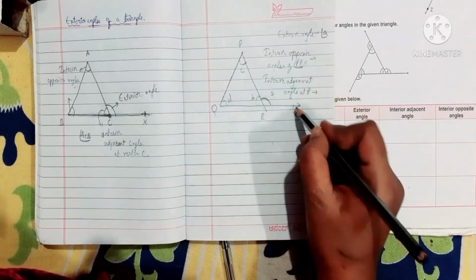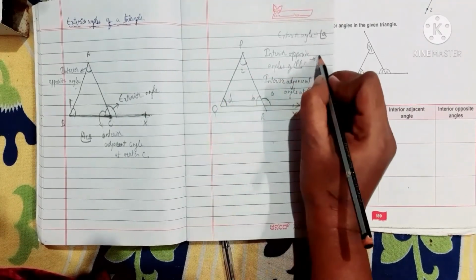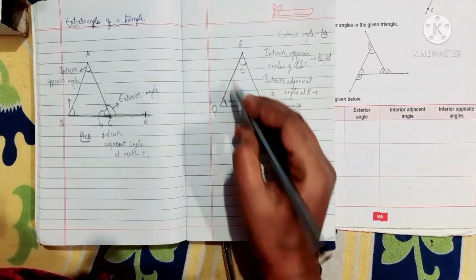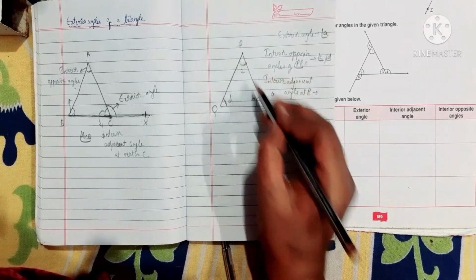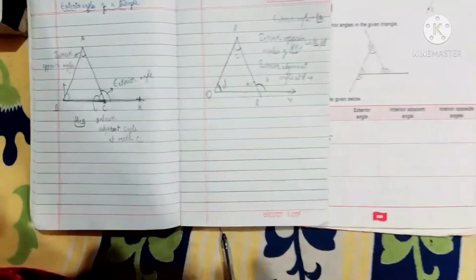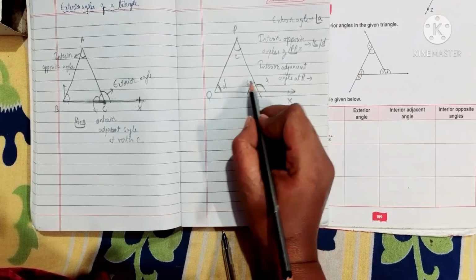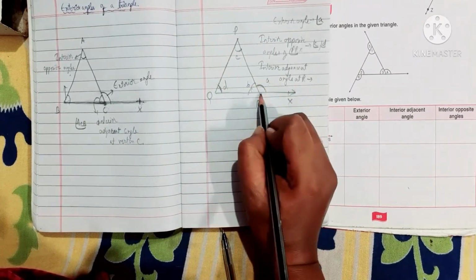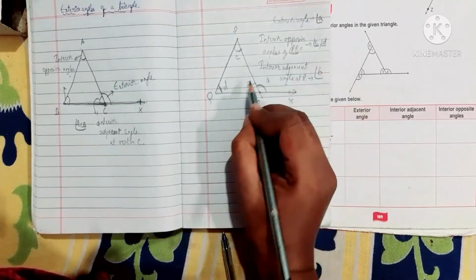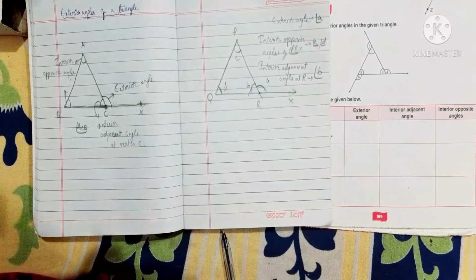Corresponding to the angle PRX, we have two interior opposite angles, angle C and angle D. Then one more angle is left, that is angle B. Angle B is the interior adjacent angle at the vertex R and it is adjacent to angle A.